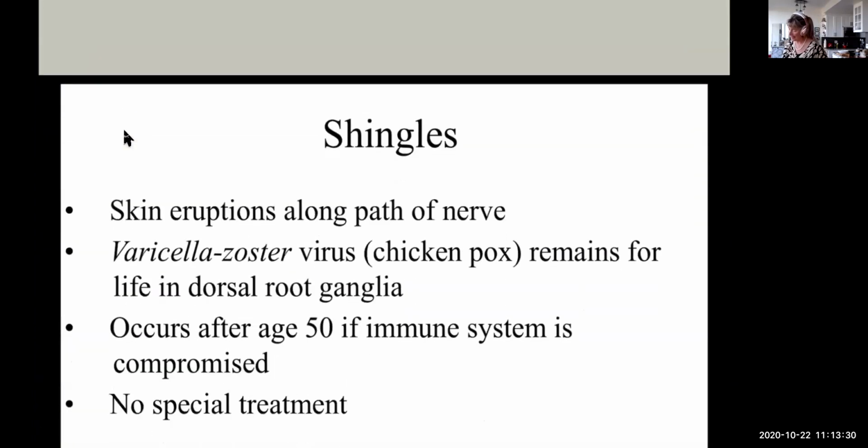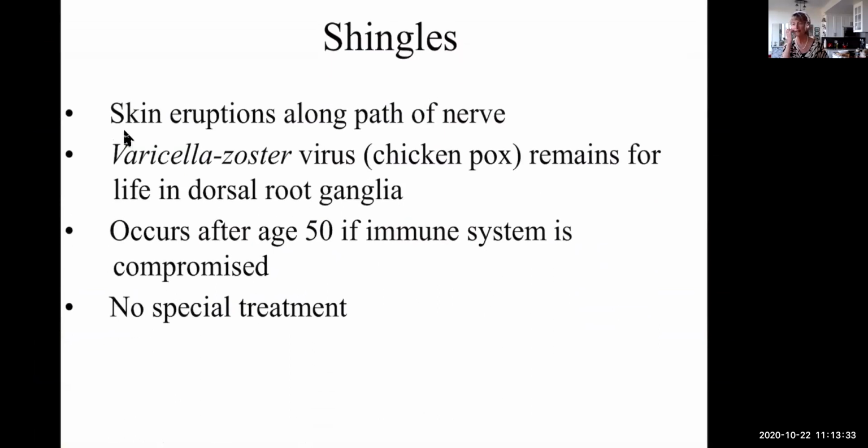I don't know if you've heard of this. Have you heard of shingles? Shingles is an unpleasant condition. Those are skin eruptions along the path of a nerve because the nerve, or the area of the nerve, is inflamed. And it's caused, interestingly, by the varicella-zoster virus, which is the chickenpox virus, which one can get as a young person, and it remains for life in the dorsal root ganglia.